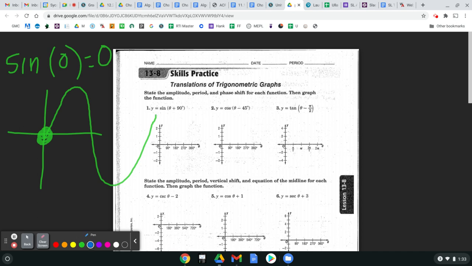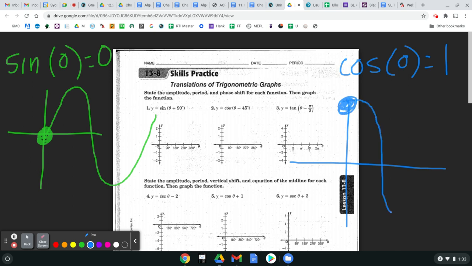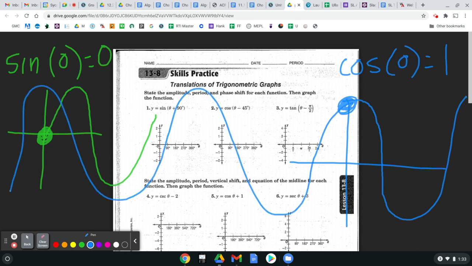Can you remember that? Cosine of 0 is 1. Do you remember that? Kind of. Okay, cool. So cosine would start up here as the intercept, go down, and come back up. Again, it keeps going on forever and ever. Isn't this fun? Do you understand those two things?